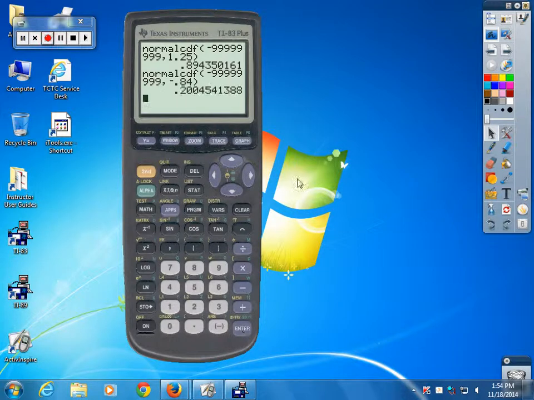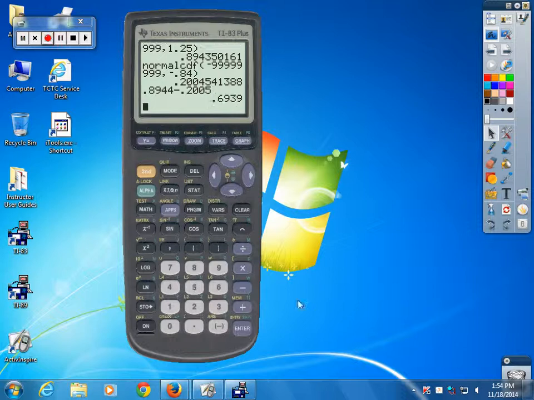I get 0.2005. So 0.8944 minus 0.2005 is equal to, I got 0.6939.